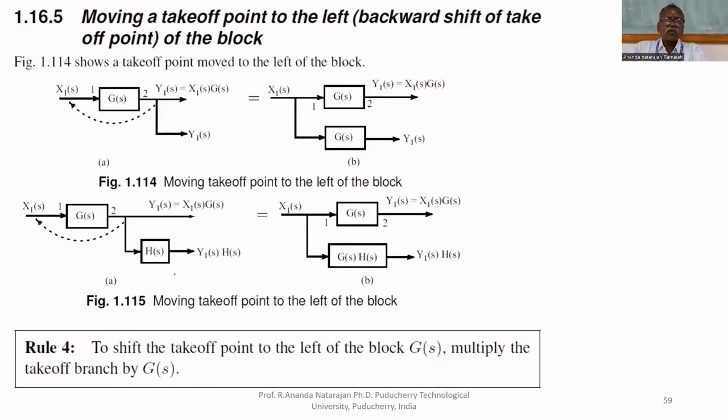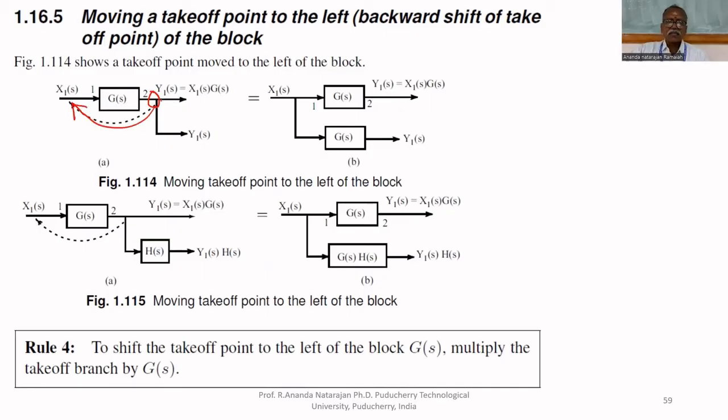Suppose you want to shift the takeoff point to the left. Earlier, we shifted to the right. Here, we want to shift back. Backward shift. There we did the forward shift. Here, I want to shift the takeaway signal from here to here.